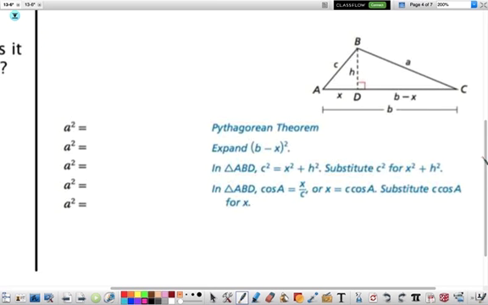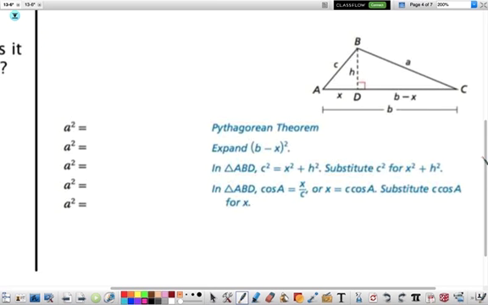If you draw that triangle, divide side B up into two pieces after you've dropped an altitude to create two right triangles. You see the two right triangles? I split side B up. I don't know how I split it up, but I can tell you this. I can call this side X, and I can call this side B minus X, right?